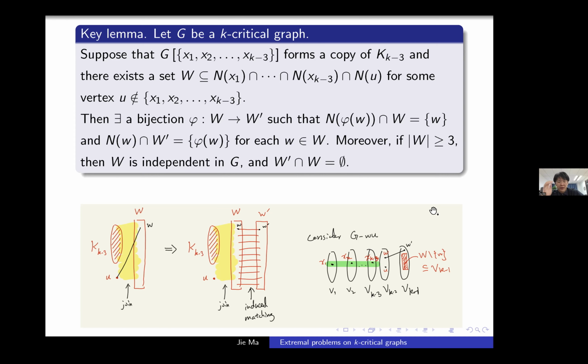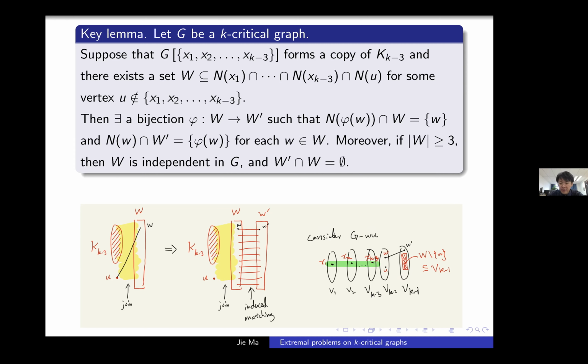So next I want to give the actual proof of this. The proof is not very long, not very complicated, and uses the definition of G being a k-critical graph. So here is the proof. We take any vertex W, and this W is adjacent to the clique and the vertex U. So I can delete the edge between W and U, and consider G minus WU.